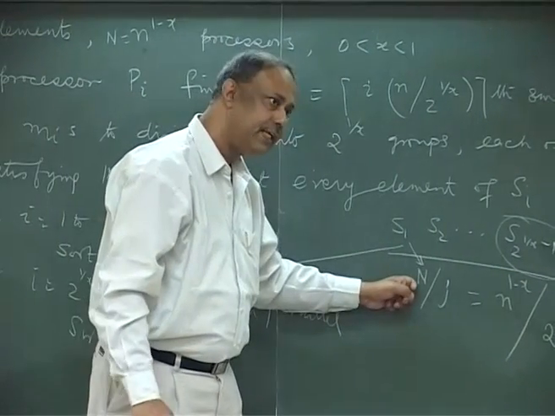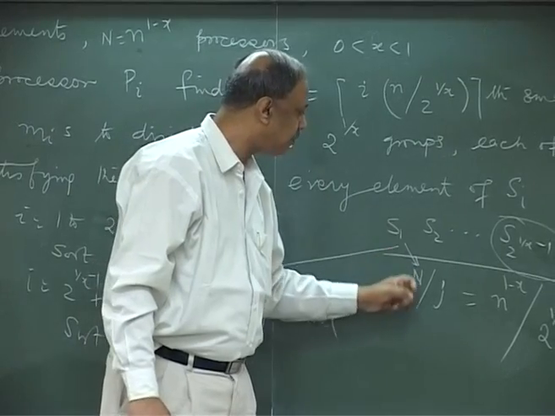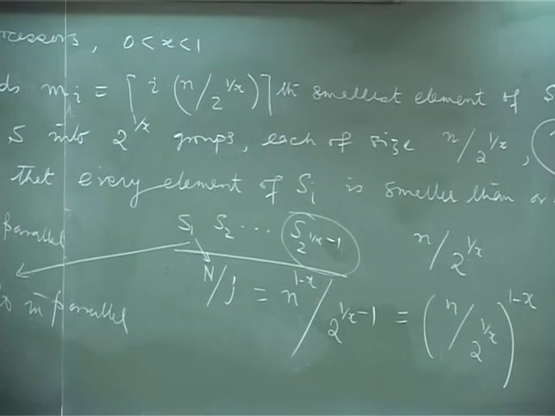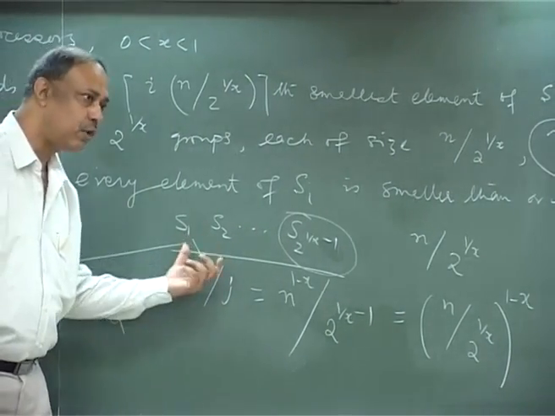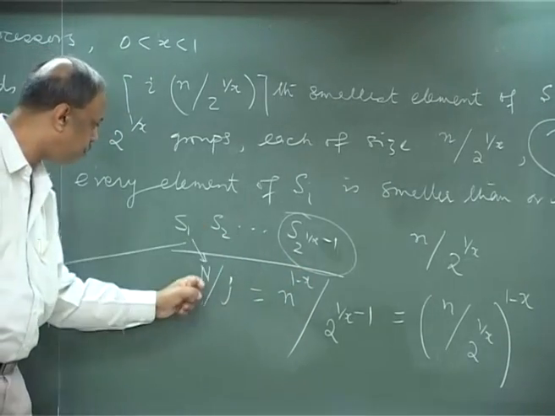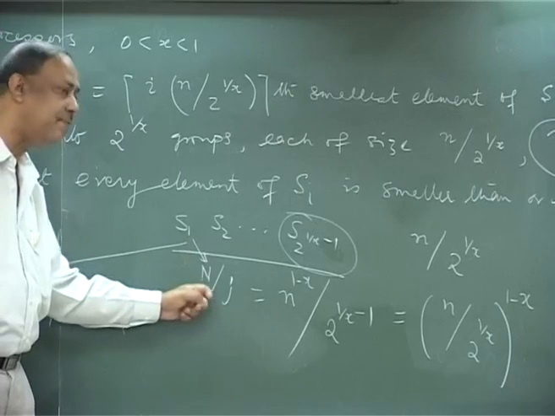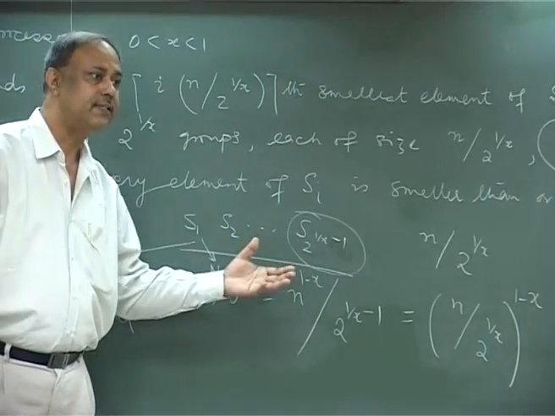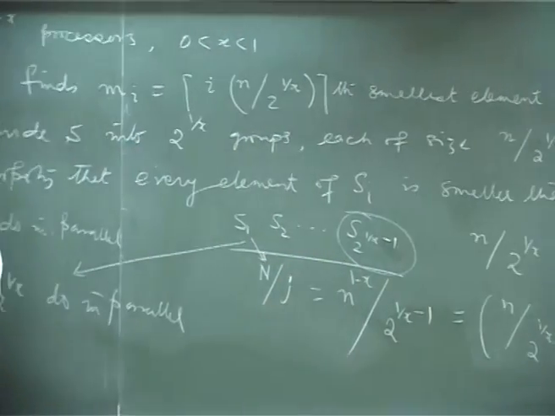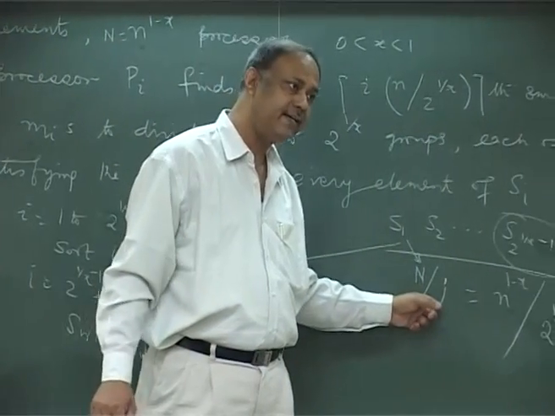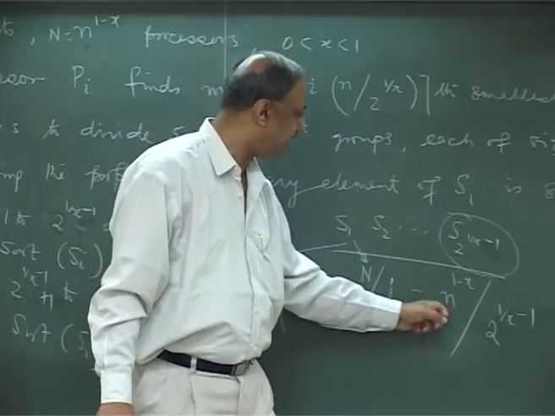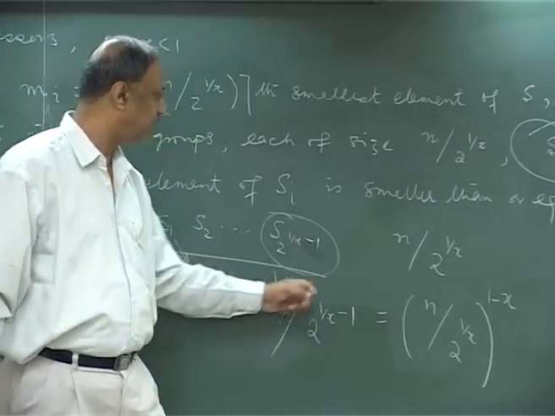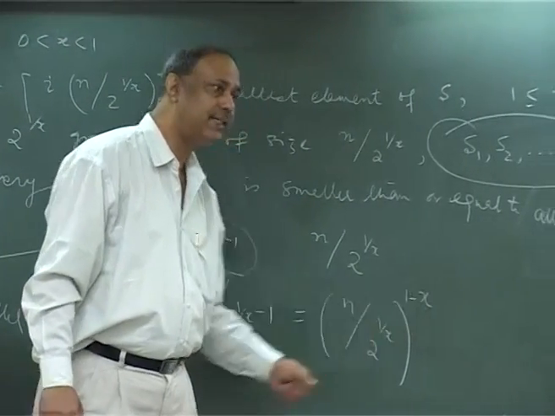Now you have j subsequences, and each subsequence size will be n by 2 to the power 1 by x, and you have a total number of processors capital N. So you can give at most N by j processors to each, because the total is capital N. If you give an equal number of processors to each subsequence, it is N by j, which is nothing but n to the power 1 minus x divided by 2 to the power 1 by x minus 1, which I can write as n by 2 to the power 1 by x, to the power 1 minus x.